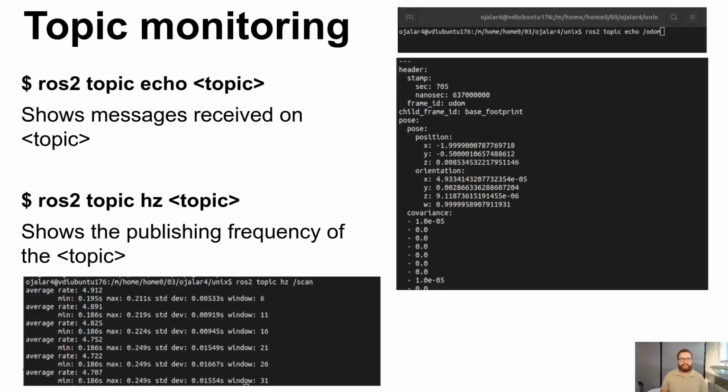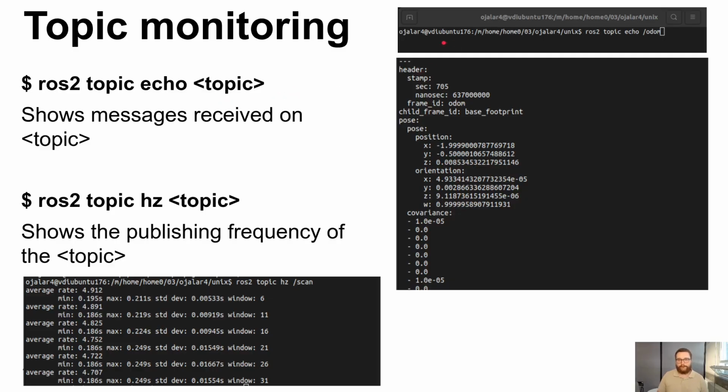And basically other types of commands that are typically convenient for development. ros2 topic echo with a topic name provided as an argument. This basically shows the messages received on a topic in real time in your terminal.